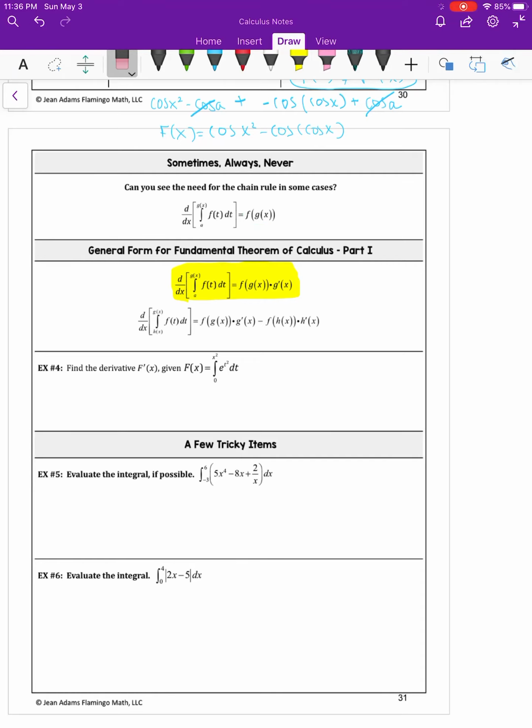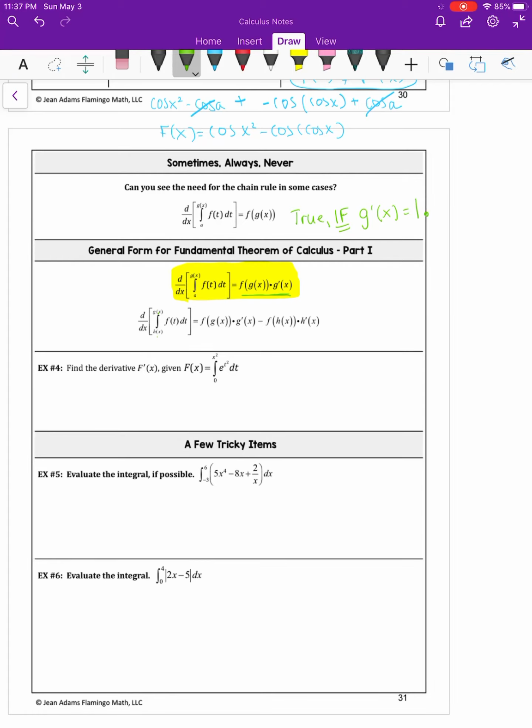I added it on up there, but the only time the one above would have been true without me adding that on is, let's say, true if g prime of x equals 1. So that's when it's true.